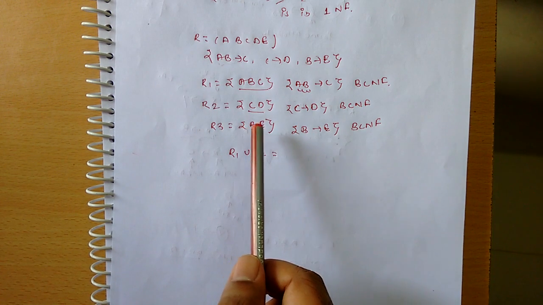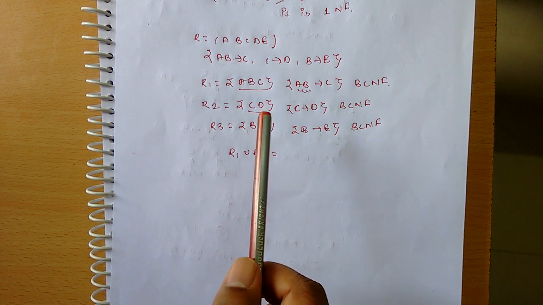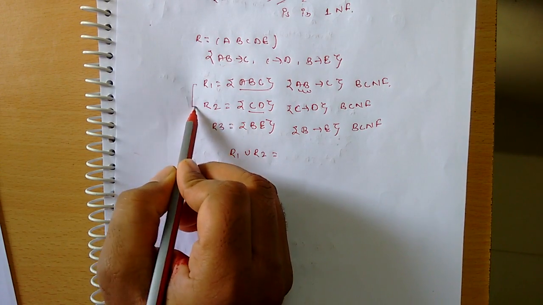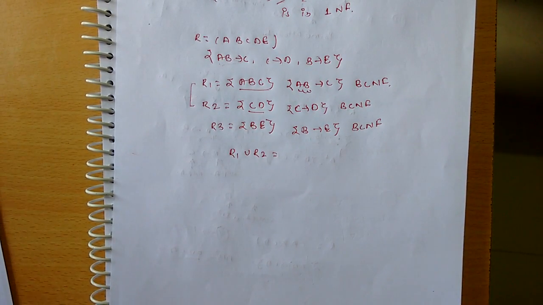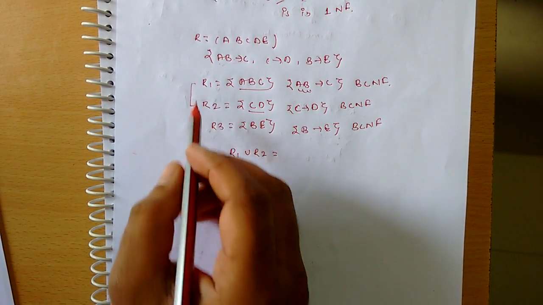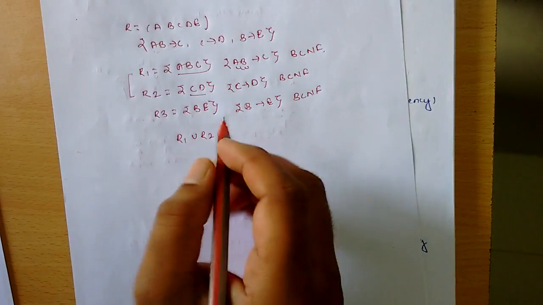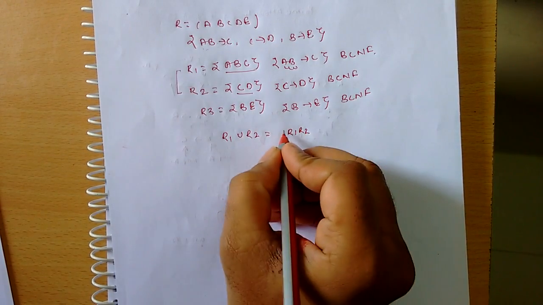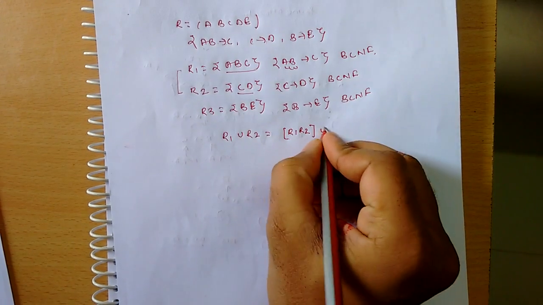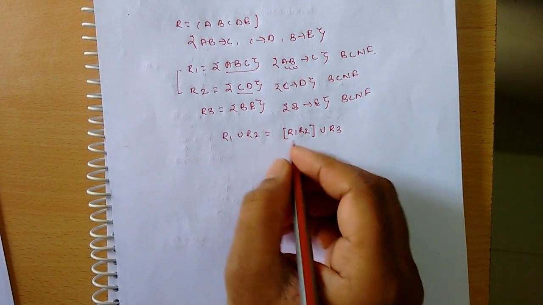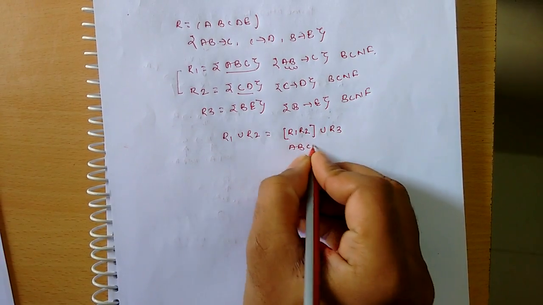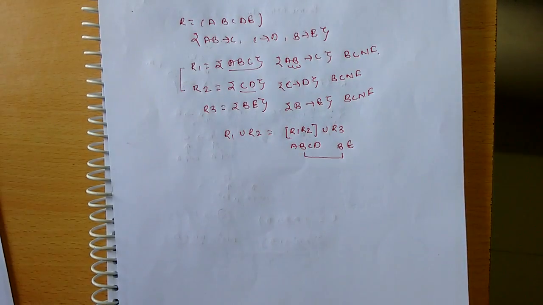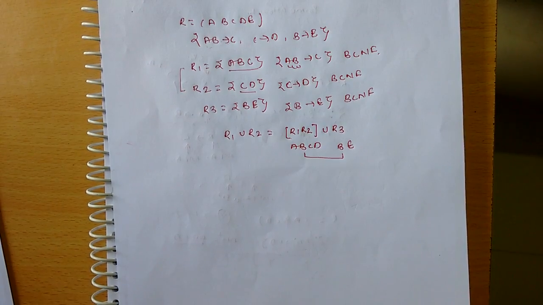It means the common column should be a super key of either relation, so this is a lossless decomposition. Now we can join R1 and R2 first, then join R3, which is BE. So B is common between both relations.